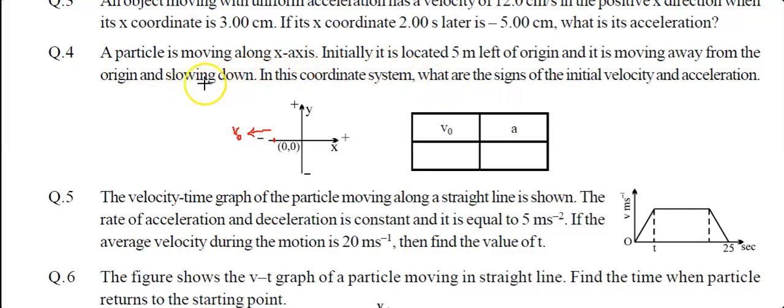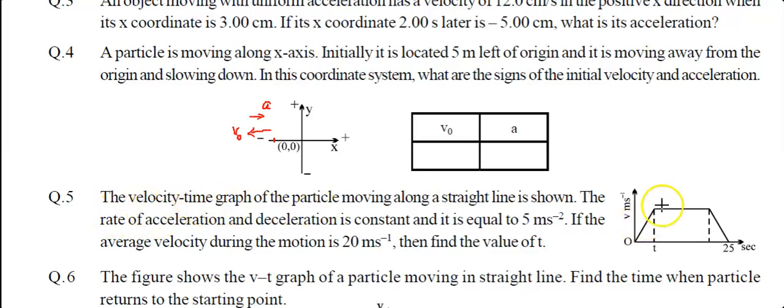So it is slowing down. That means A must be acting in this direction. It's going to be retardation, right? So for a retardation, both must have opposite directions. So this is how you can decide the direction: sign of V0 is negative, sign of A is positive.